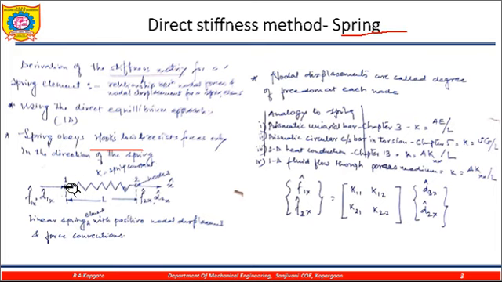Hence, whenever I am applying a force here, let us take this spring. This is the spring. This is node 1, and this is my node 2. At node 1, I apply the force F1, and at node 2 there is the force F2.